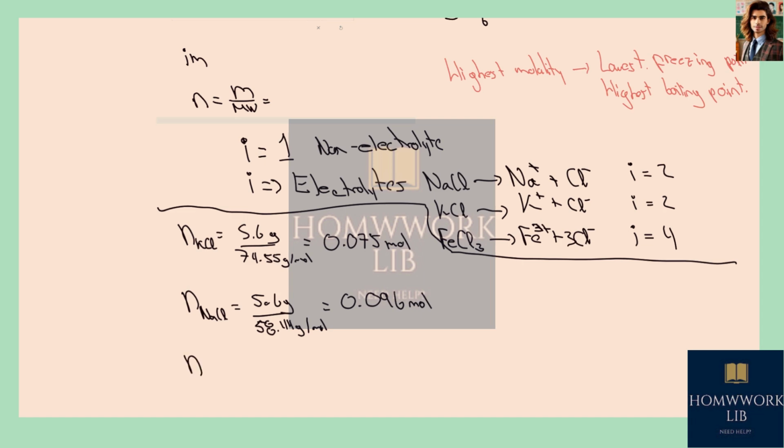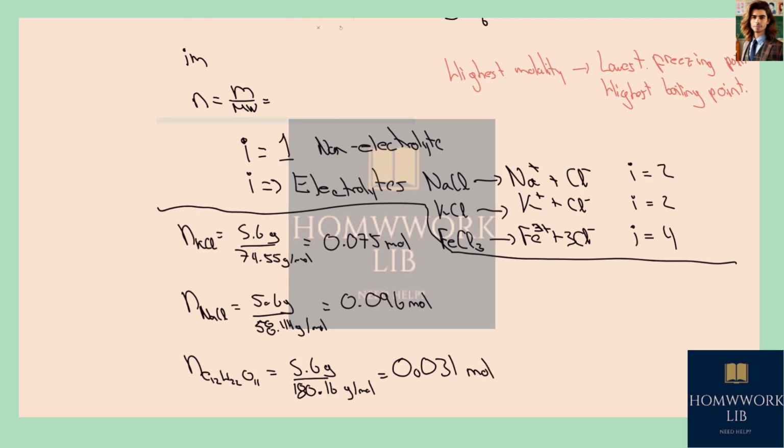And finally, for sucrose, which is C12H22O11, we're going to have the same amount, 5.6 grams, divided by the molar mass, which corresponds to 342.3 grams per mole. So 0.016 mole.